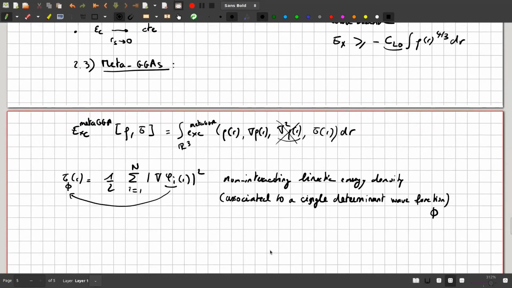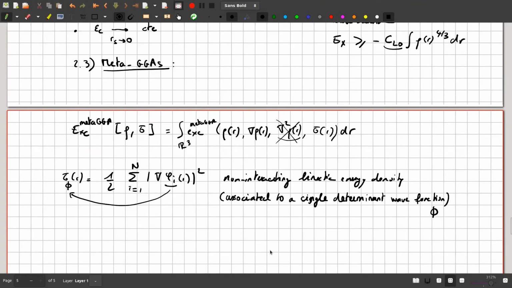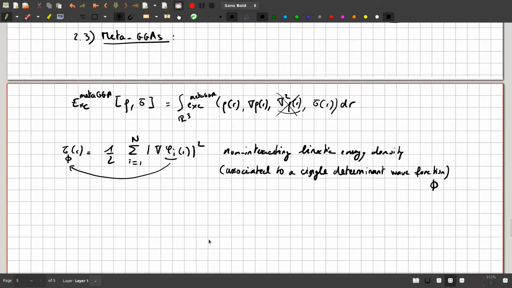Now you may ask, why do we introduce this new quantity tau? Well, there are different motivations. One very important motivation is that tau can be used in indicators to identify different types of spatial regions of electronic systems.